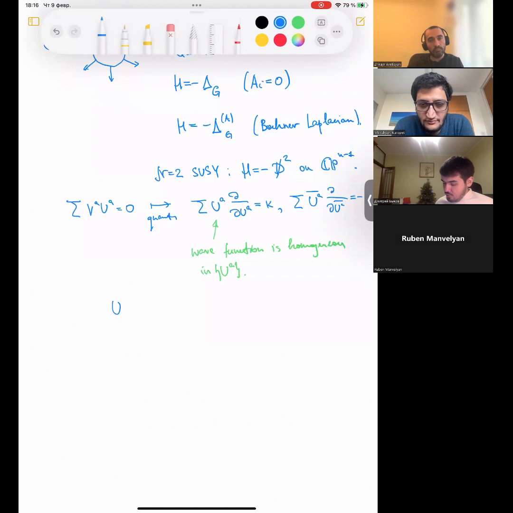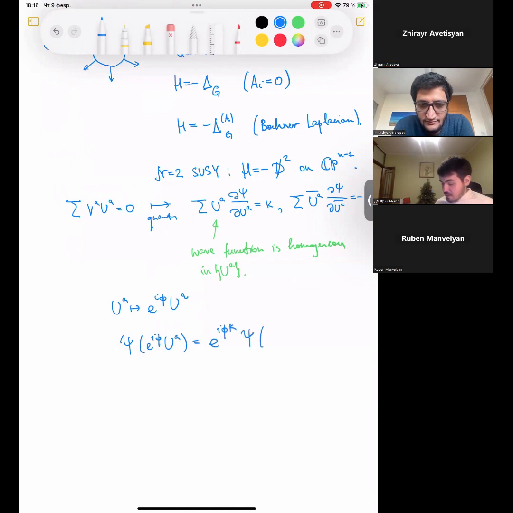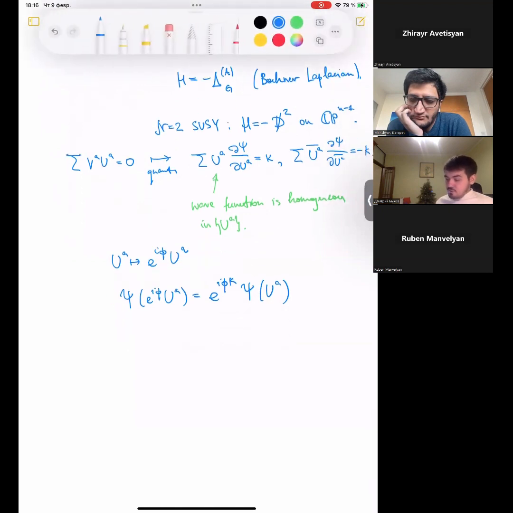If you scale all U^A by e to the phi, your wave function psi, which satisfies these constraints, scales like e to the i phi k. This means it's a section of some line bundle over your CPN. This is what the monopole does. It says that your wave function is a section of a power of the Hopf bundle over CPN.